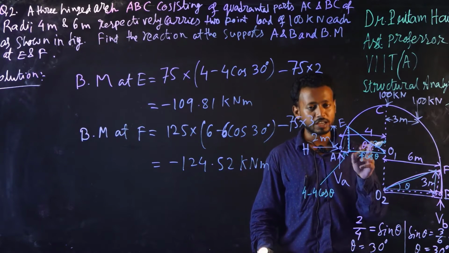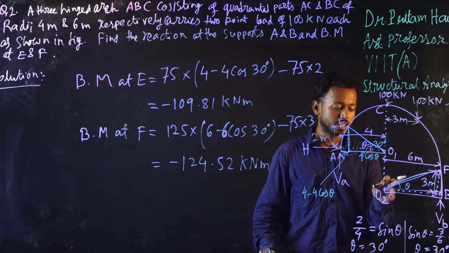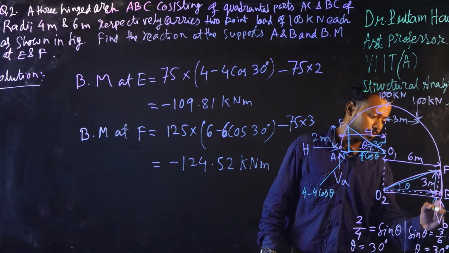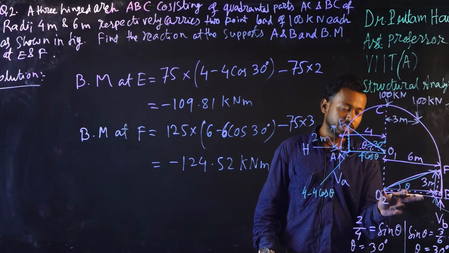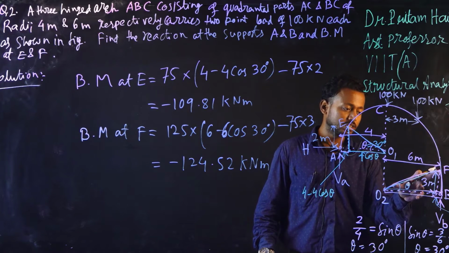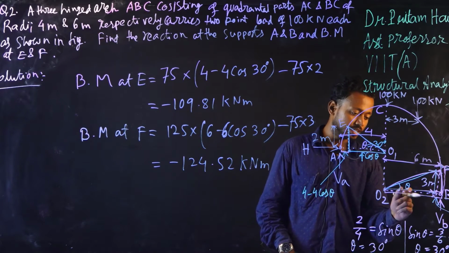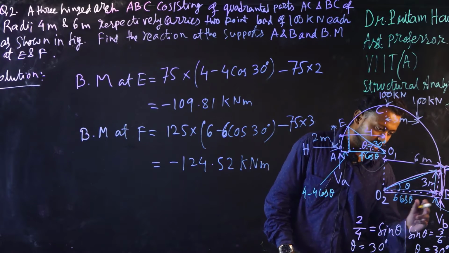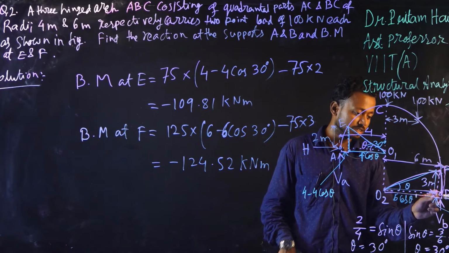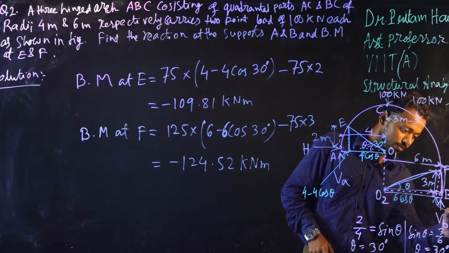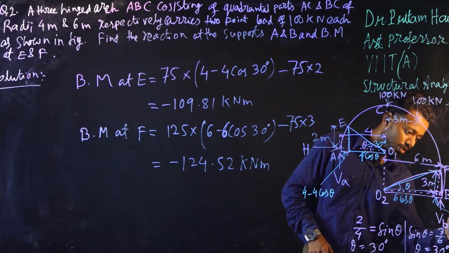Okay, so in both cases we have found out theta equals 30 degree. So what will be this small distance? The total distance is 6, and this distance is the cos component of this. So the cos component will be 6 cos theta, and the remaining distance is 6 minus 6 cos theta.